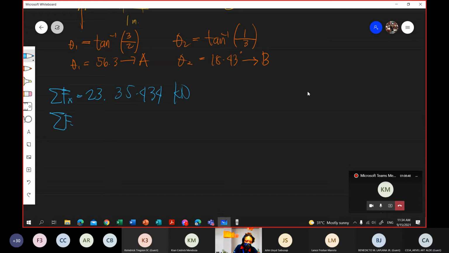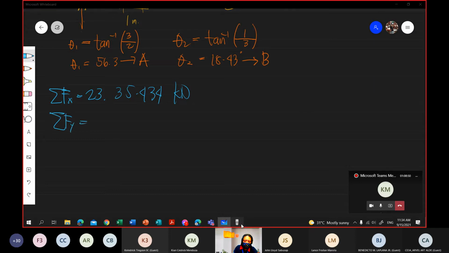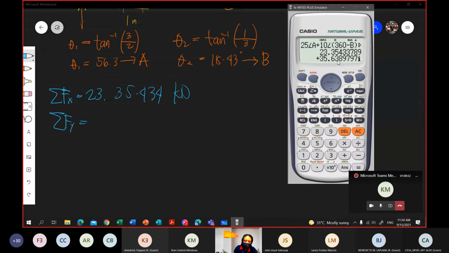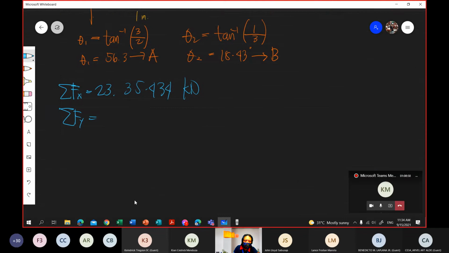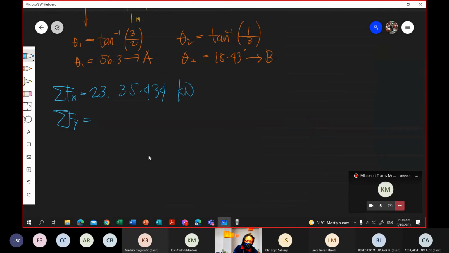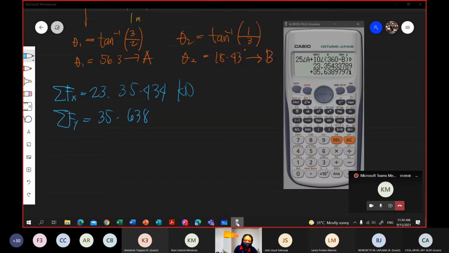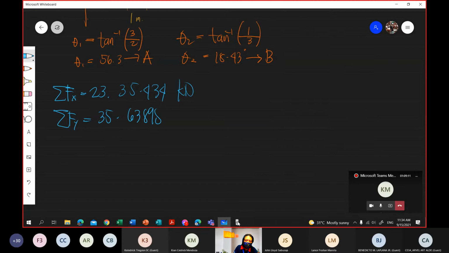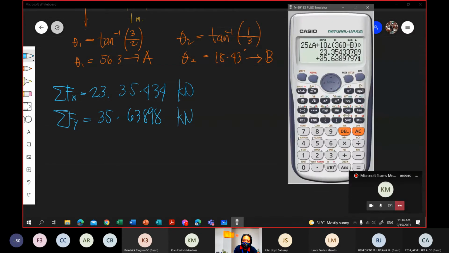And of course, the summation of Fy is 35.63898, in kilonewton.